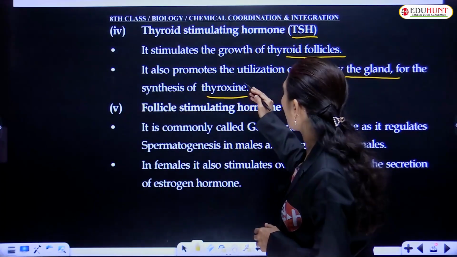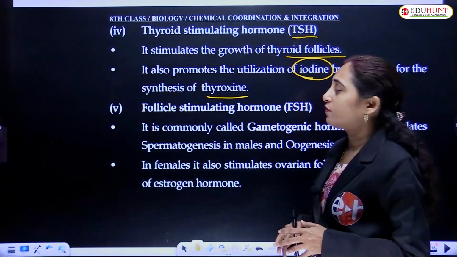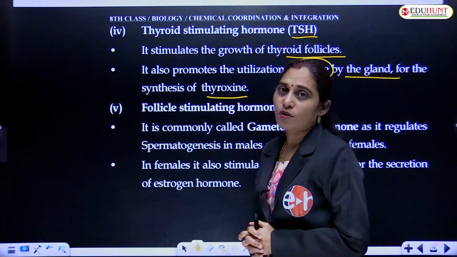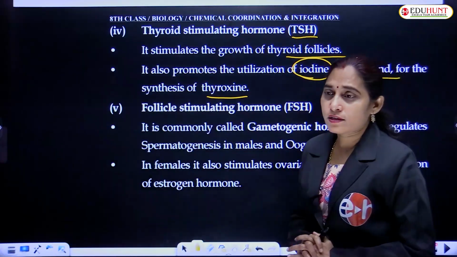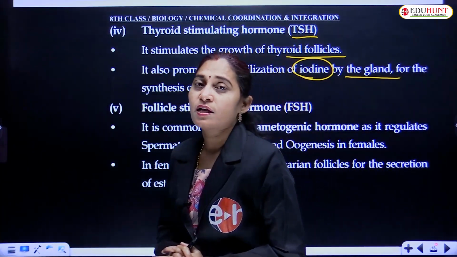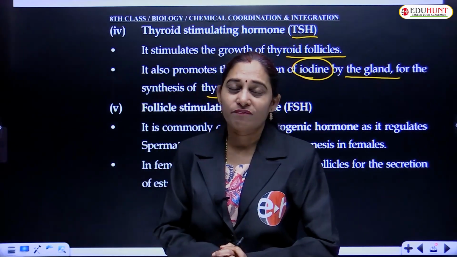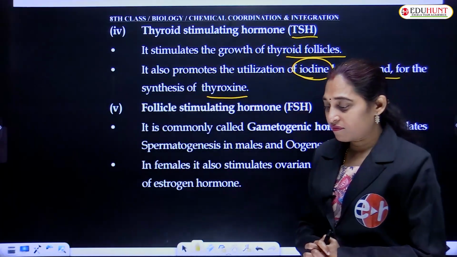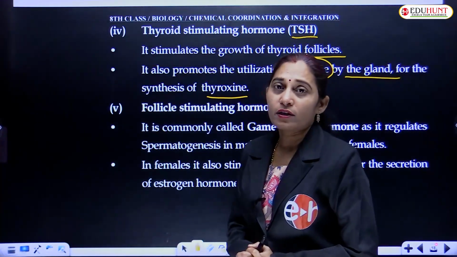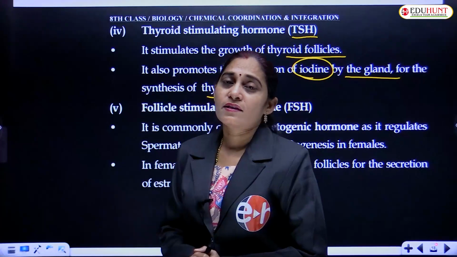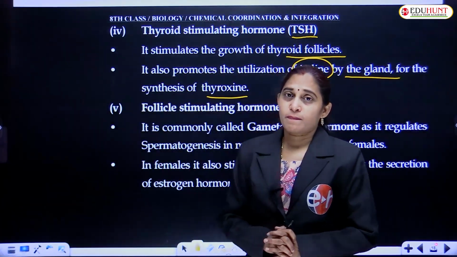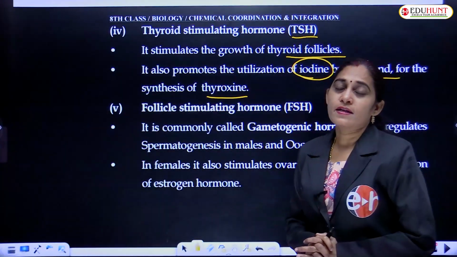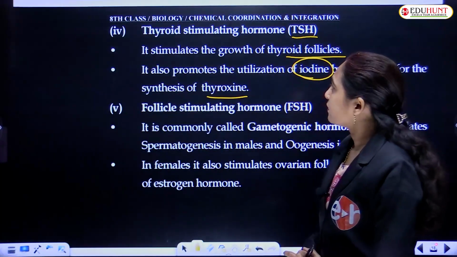Iodine is very important because hyperthyroidism and hypothyroidism are disorders caused by improper absorption, or insufficient or excess iodine. Excess of iodine causes goiter, called hyperthyroidism, and if the thyroid is deficient, it is called hypothyroidism. That will be discussed later while describing the thyroid gland.